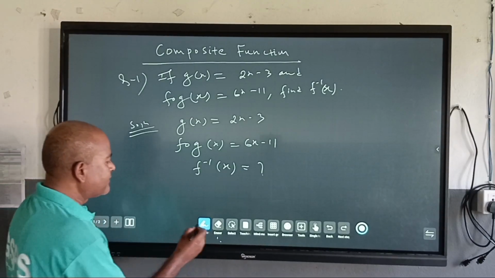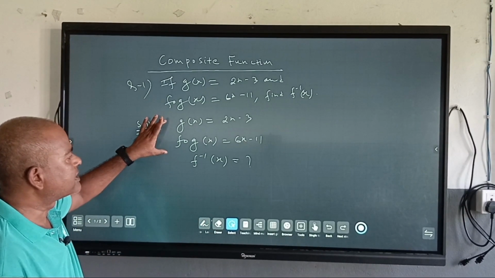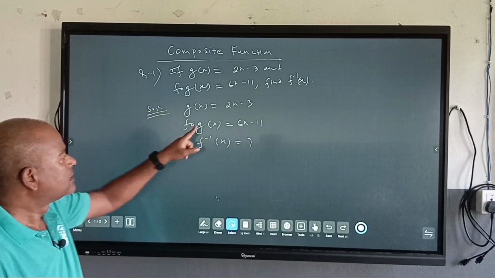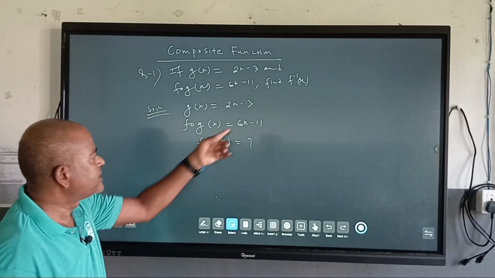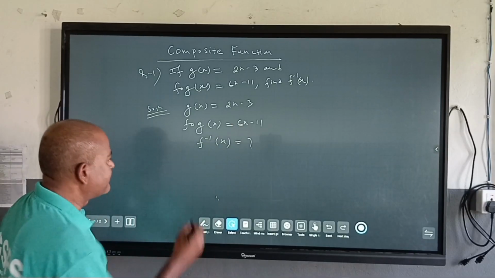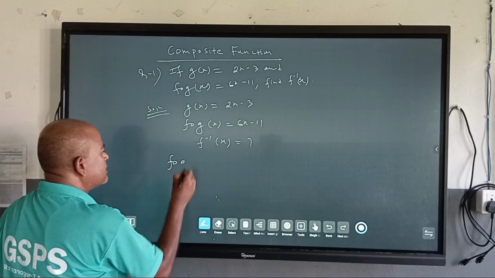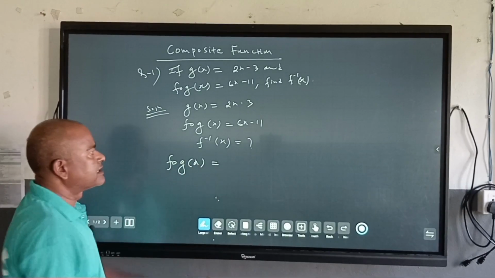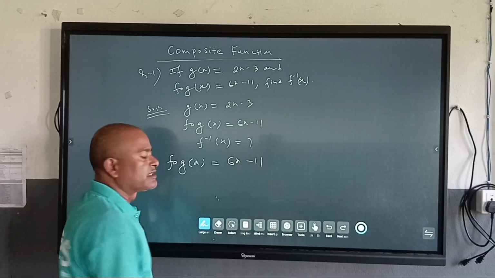Dear students, at first we'll take the composite function f of gx, which is equal to 6x minus 11.